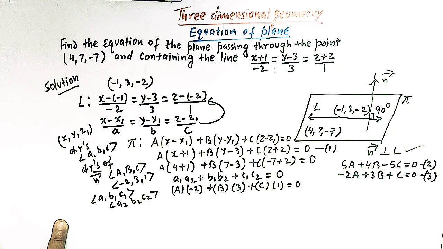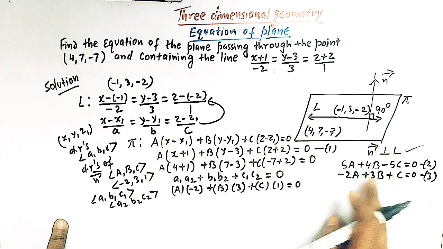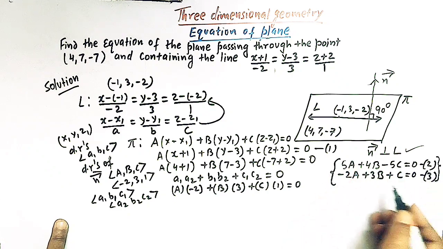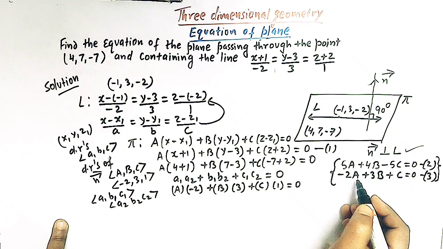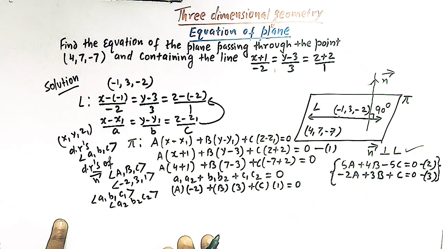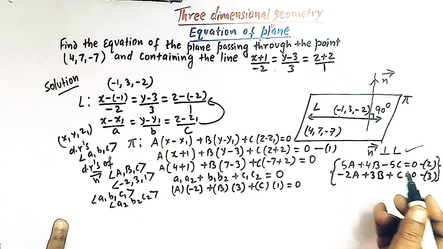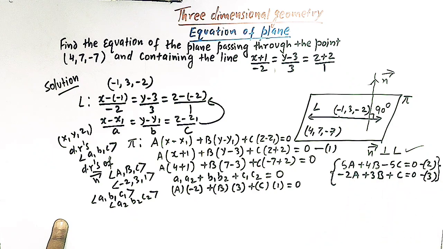So now we have obtained two equations in A, B and C, right? And now we have to solve these two equations. So now the usual practice to solve two equations in three variables is the cross multiplication method, but here I will prefer the elimination method.